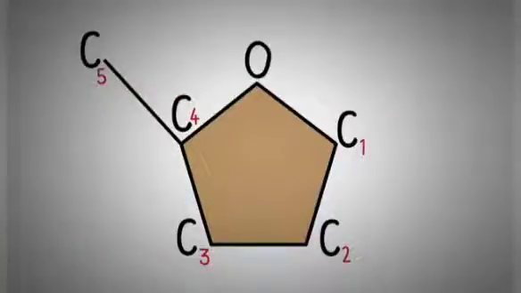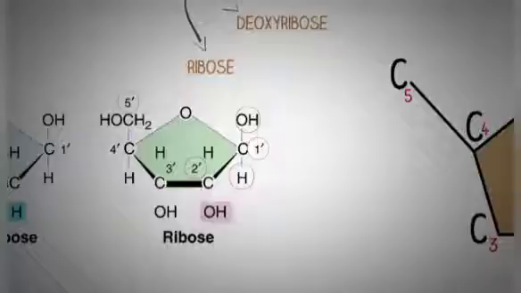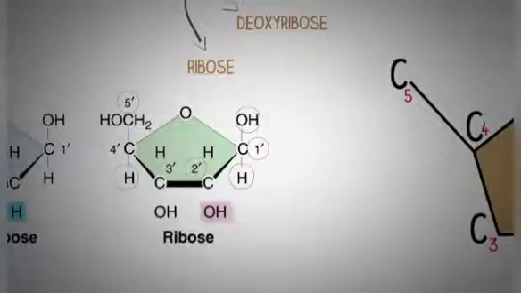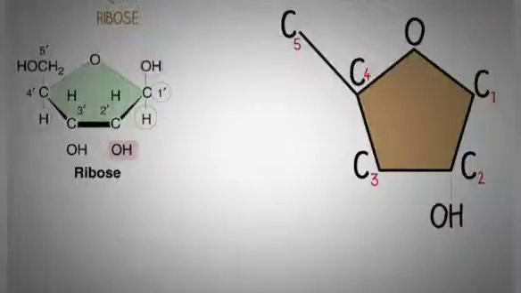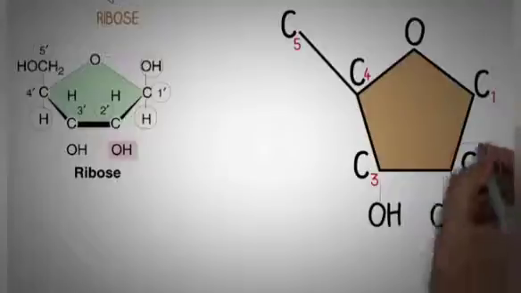C5 is located outside the ring. You can also see that we have different types of functional groups attached to these carbon atoms, like the hydroxyl group and the hydrogen atom. The most important of these functional groups, which determine whether the sugar is ribose or deoxyribose, are present at carbon number 2 and carbon number 3.